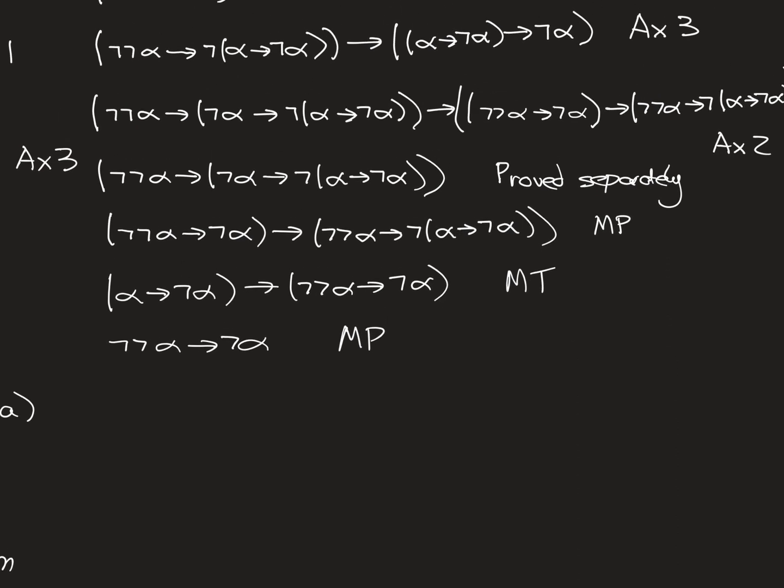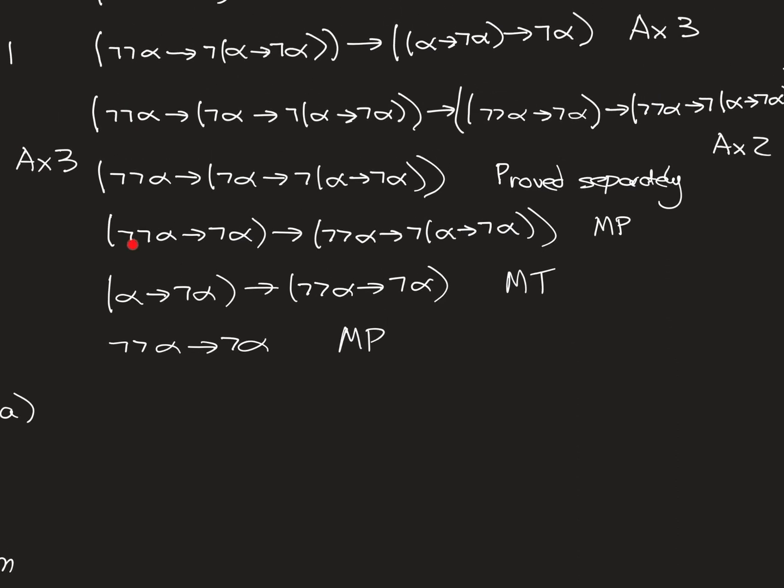And now, where are we? Now I'm going to do Modus Ponens again because I've got this thing, which is what I wanted for here. So now that means, and I think we're nearly there now. Now that I've got not alpha implies not alpha implies not alpha. So again, that's by Modus Ponens.